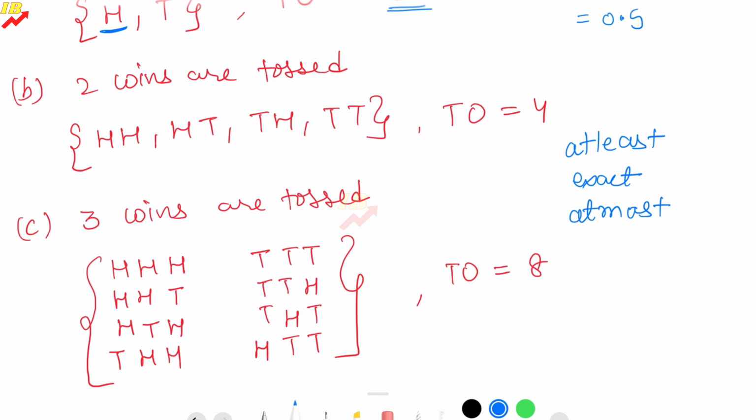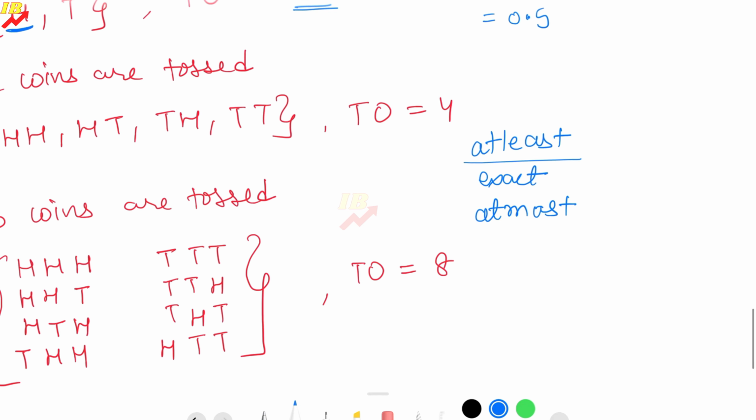When we say at least, we are talking about the lowest value in the question, right? When we talk about the lowest one, go to the maximum value. Always go low to max. I'll explain to you how we go from low to max.